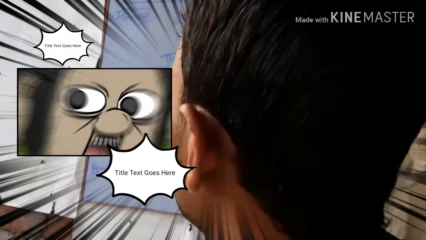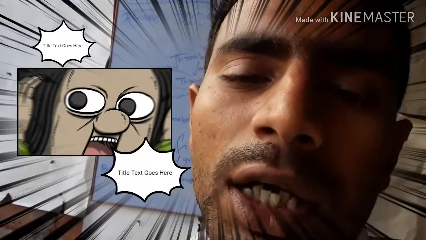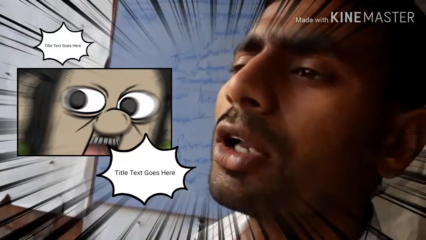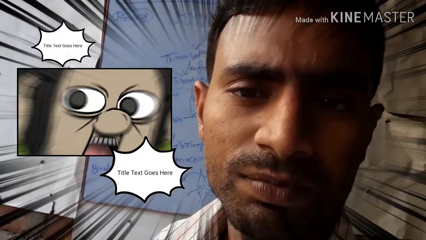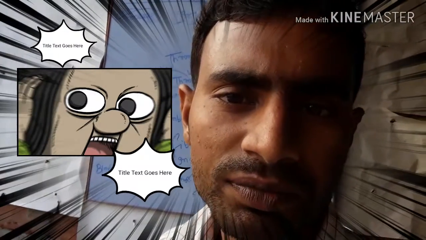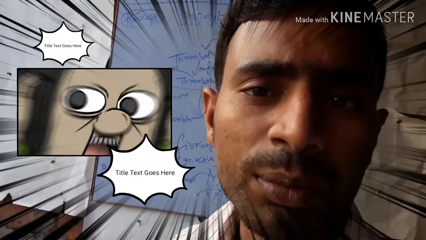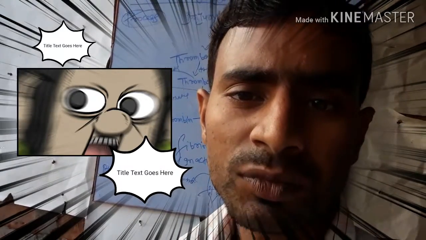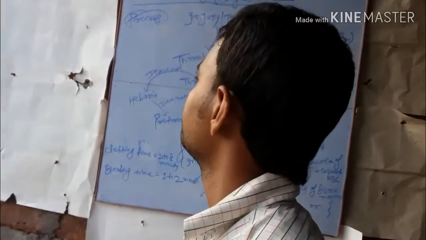Today we will get complete knowledge about blood clotting and coagulation: how blood clotting will happen, how much time clotting takes, and how much time bleeding will happen. So come and know it well.